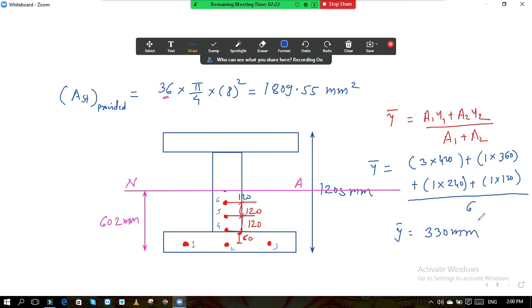It is 330 mm from the neutral axis. Okay.